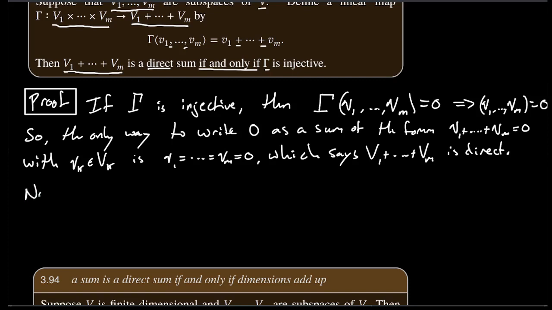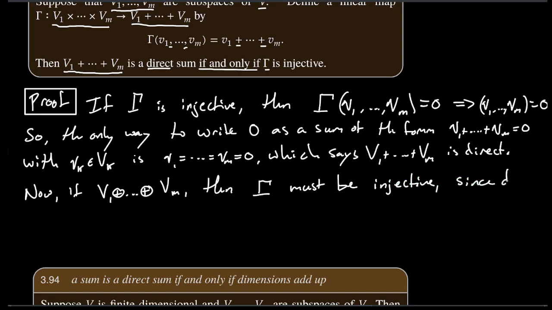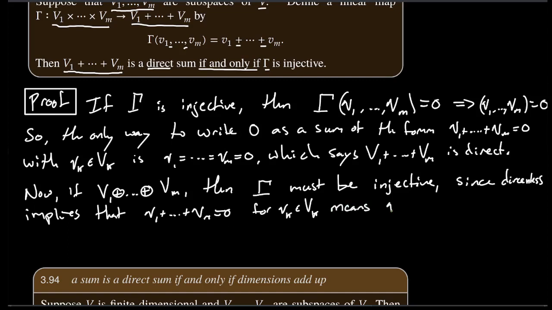Oh, okay, so if gamma is injective, it's direct. Nice. Okay. Now, if the sum is direct, then gamma must be injective, since directness implies that V1 plus ... all the way down through Vm equals 0 for Vk in big Vk means that V1 equals V2 all the way down through Vm, and all of those are 0.